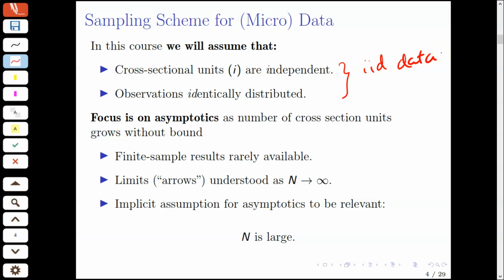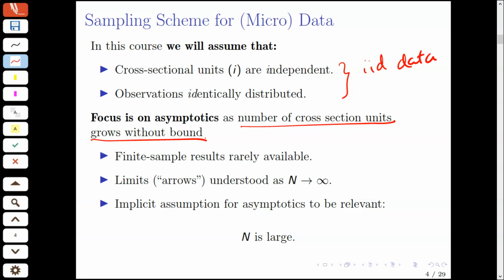Unlike your previous econometrics course, our focus here will be less on finite sample results, which are rarely available for the topics or estimators in this class. Instead, our focus will be on asymptotics, specifically as the number of cross-sectional units, on the previous slide the capital N, grows without bound, that is, goes to infinity.